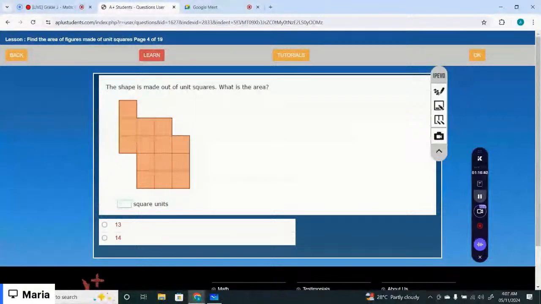The correct option is 14 square units. Very good.